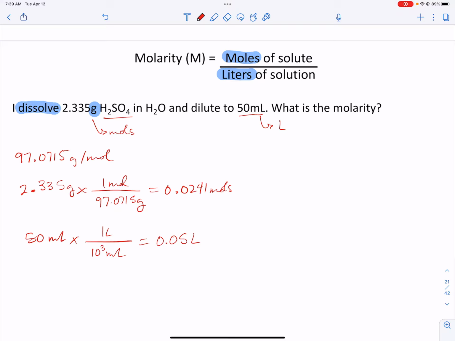So I'm just going to take these and divide. The molarity is going to be equal to 0.0241 moles, and you can write your substance if you want, hydrogen sulfate, over 0.05 liters. We do not multiply by 100 here, like we did for the weight volume percent.